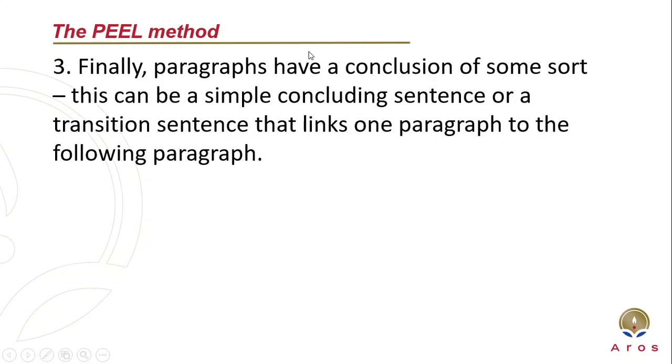Now the third thing is, paragraphs must have a conclusion of some sort. This can be a simple concluding sentence or a transition sentence that links one paragraph to the following paragraph. I must warn you, over the weekend I marked a fourth-year student's literary essay, and she gave these conclusions at the end of each of her paragraphs. The problem is the conclusions become too long, and it sounds like she's starting to repeat herself, what she said earlier in the paragraph. So the suggestion that I'd like to make is rather write a sentence that links the paragraph that you've just finished with the paragraph that you're about to begin.